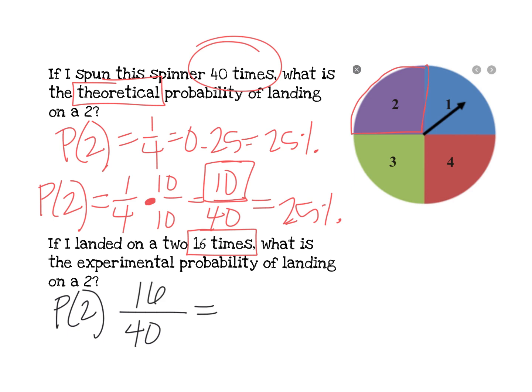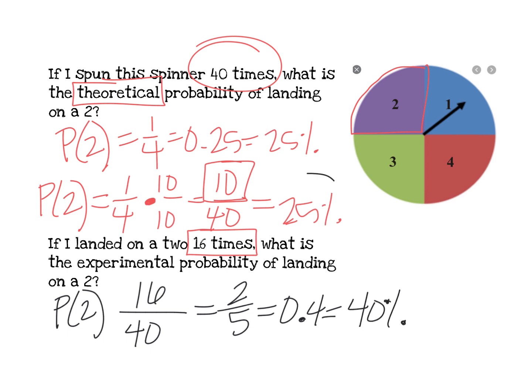And then we're going to simplify that. And I know that 16 and 40 can both be divided by 8. So let's simplify that down to 2/5. 2/5 is the same as 0.4, which is 40%.